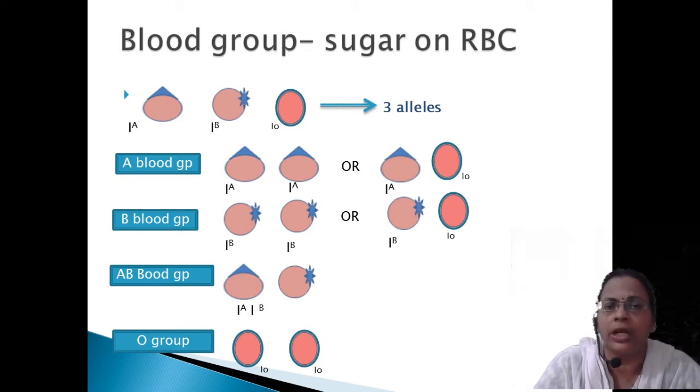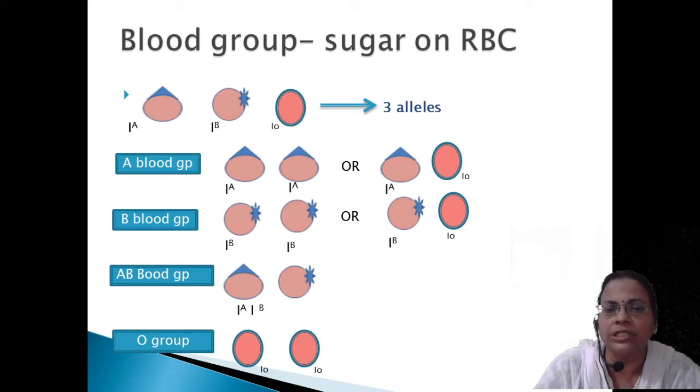But there is another possibility. A person gets alleles from their parents. So if from one parent he gets the IA allele, and from the other parent he gets the IO allele, then when IA and IO come together, A is dominant and IO is recessive.